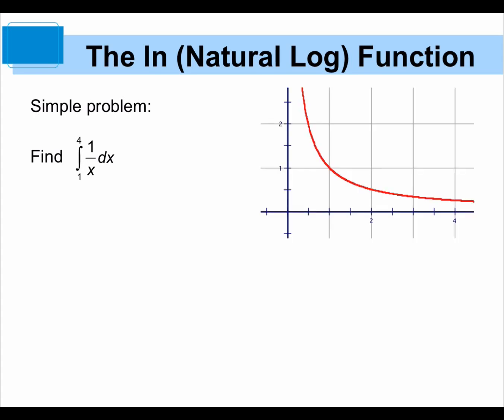But this complicates things. That red curve is the graph of 1 over x. How did we define an integral? Area under the curve. Is there area under that curve? Yeah, you can see from 1 to 4, there is area there. Therefore, how can that be undefined? Shouldn't that be a numerical value?